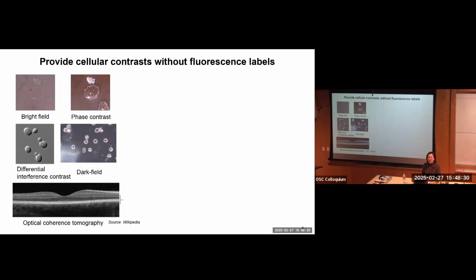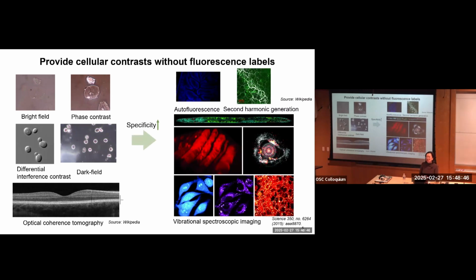On the other hand, cellular contrast can be imaged without fluorescence labeling. For example, cellular morphology can be imaged with well-established optical imaging methods, such as phase contrast and dark field imaging. Over the years, researchers have also developed other imaging modalities where the contrast is based on more than morphology, such as autofluorescence and second harmonic generation.